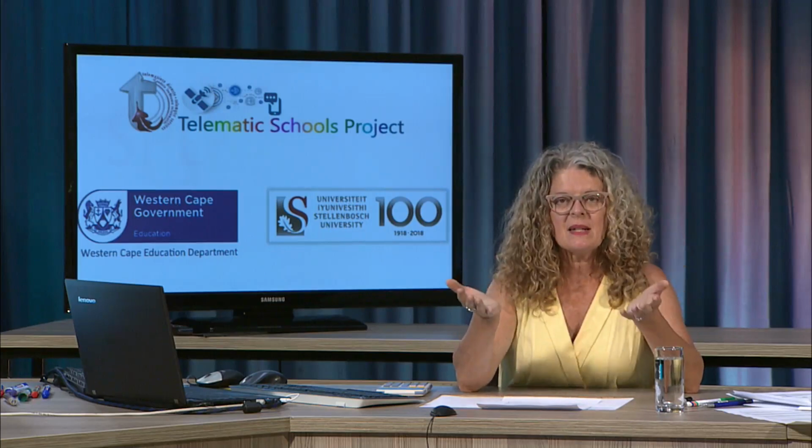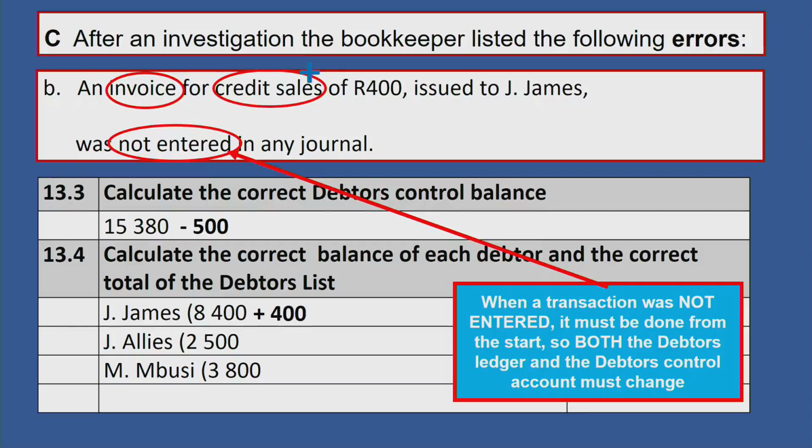Here I am the bookkeeper, you're the bookkeeper. We never recorded any of this. So the person, James, needs to be plussed because we sold to him. It hasn't been entered in the debtor's journal, so the total is too little, so it must go to the control as well. Let's do that. There, James went up by 400, and there the control goes up by 400. Why both? Because it says not entered.